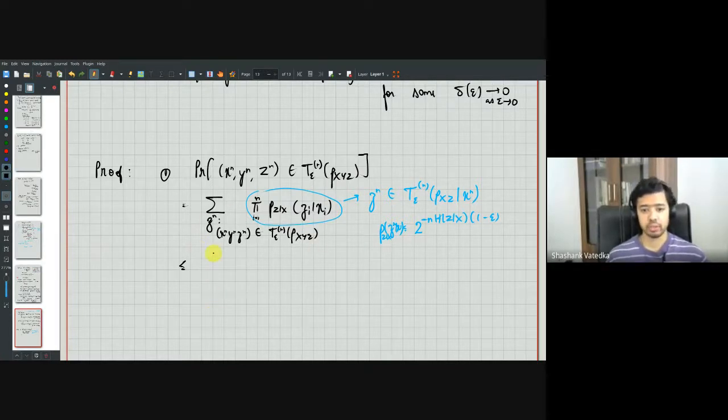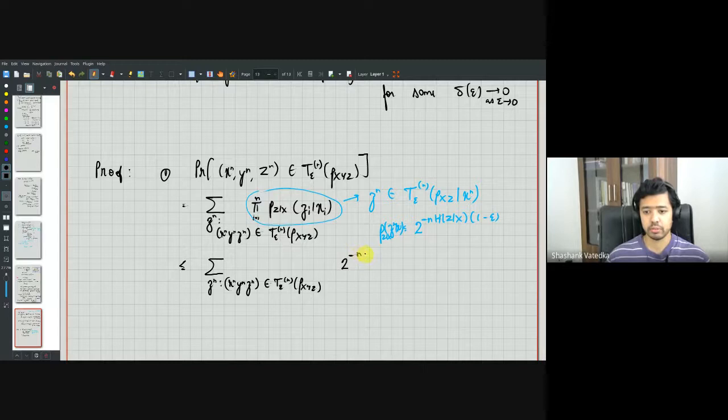Therefore, this quantity is always less than or equal to the summation over all Zn such that xn, yn, Zn is in the joint typical set T epsilon n. All these sequences are jointly typical, of 2 to the minus n times h of z given x times 1 minus epsilon.